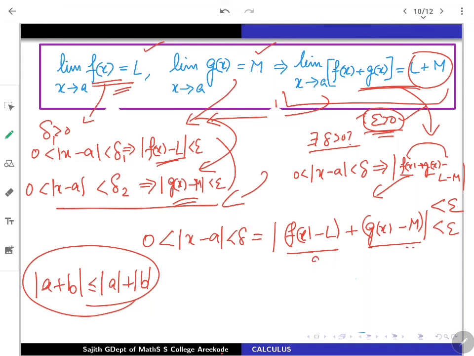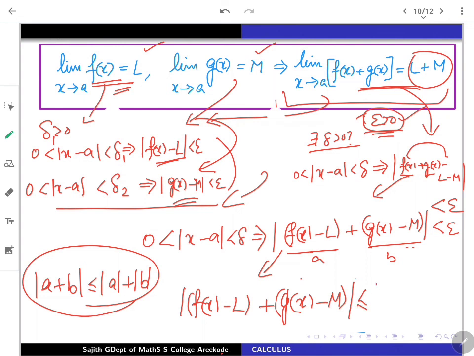Just apply it with this as A and this fellow as B. So the modulus of f(x) − L plus g(x) − M is going to be less than or equal to the modulus of f(x) − L plus the modulus of g(x) − M. This quantity I have control over. It is less than epsilon plus epsilon, actually 2 epsilon, right?